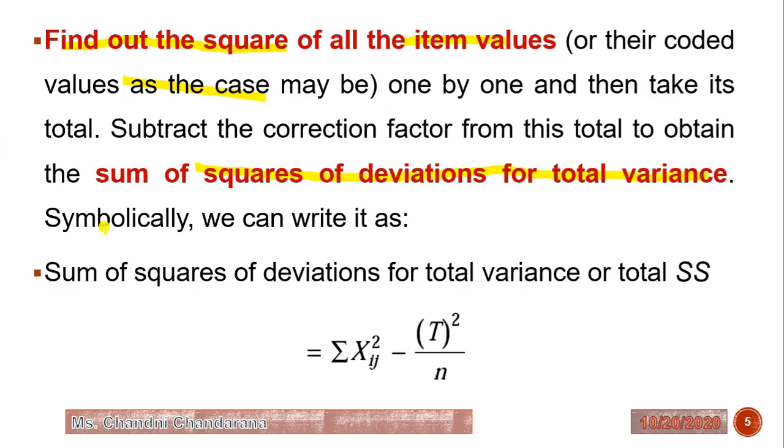Symbolically, we can write the sum of squares of deviation for total variance, or total SS, as this equation. We can put this equation in to find the total SS.